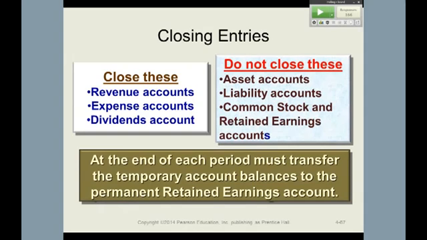Now, you're going to see this in just a minute, but when you think about the closing process, let's look at all the temporary accounts. So we have revenues, expenses, and dividends.